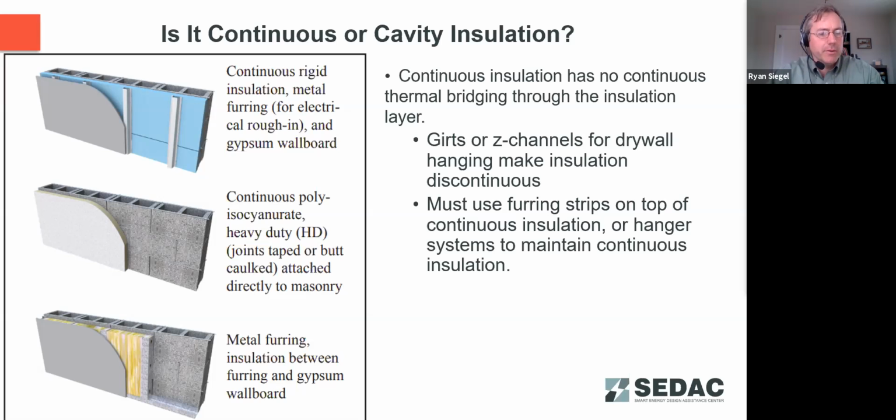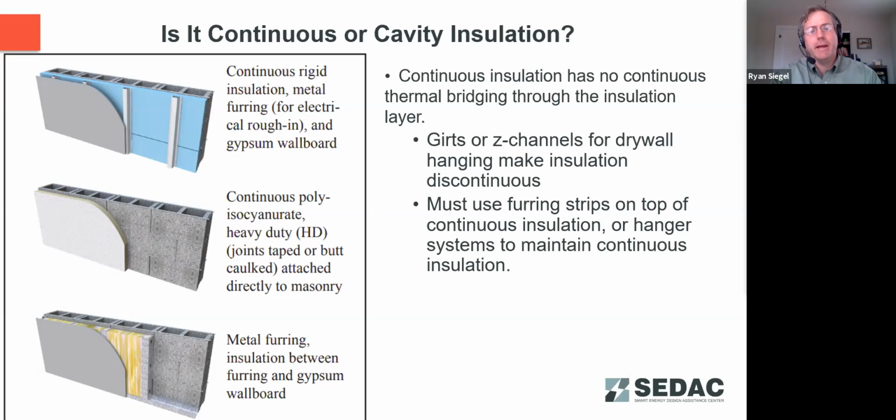And then further down is insulation that is installed between metal furring strips. So in the top, because that furring strip is applied to the surface of the insulation and the insulation is not broken by that furring strip, that would be continuous, as would the face applied. That lower example, metal furring with insulation between, that would be cavity insulation.